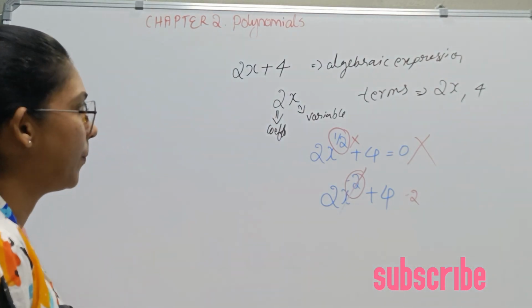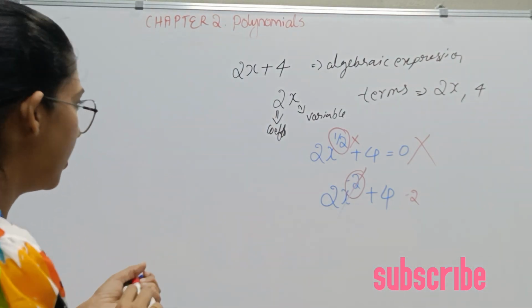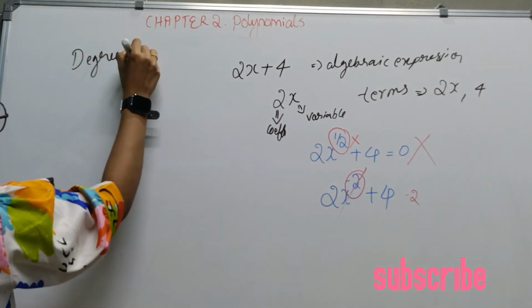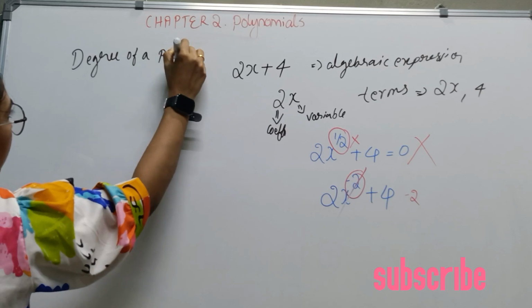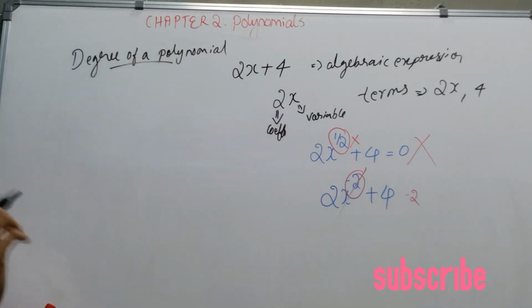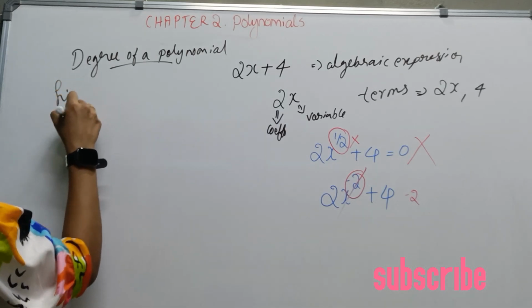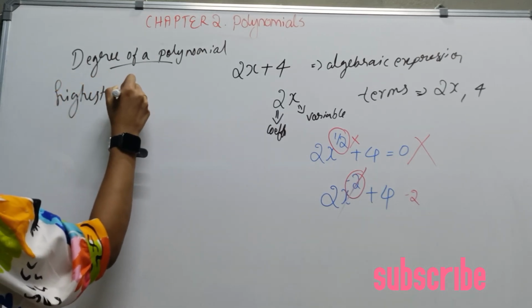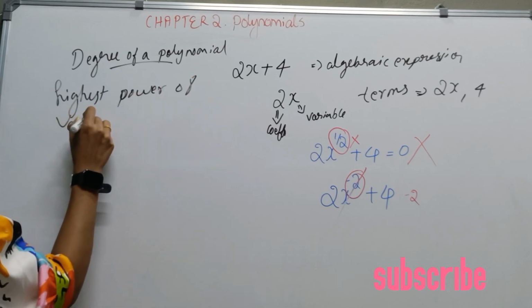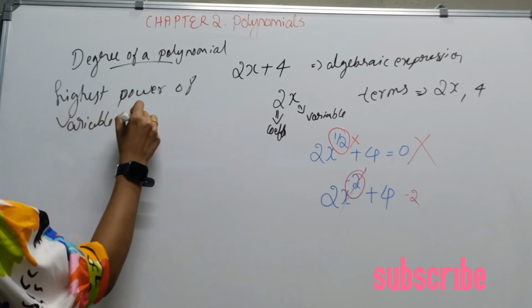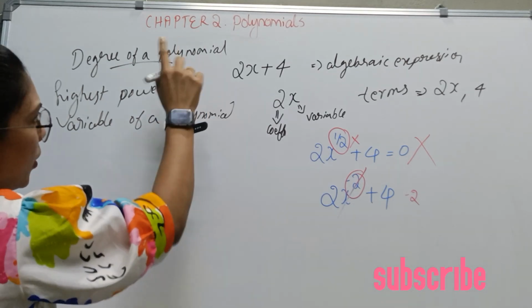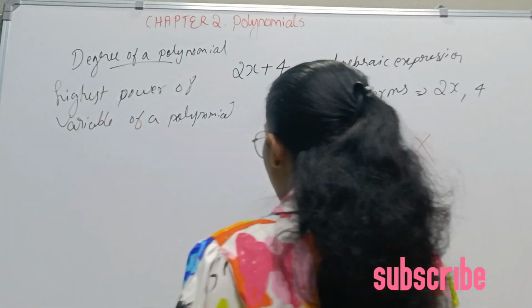Now, what is the degree of a polynomial? The highest power of the variable of a polynomial is said to be the degree of the polynomial.